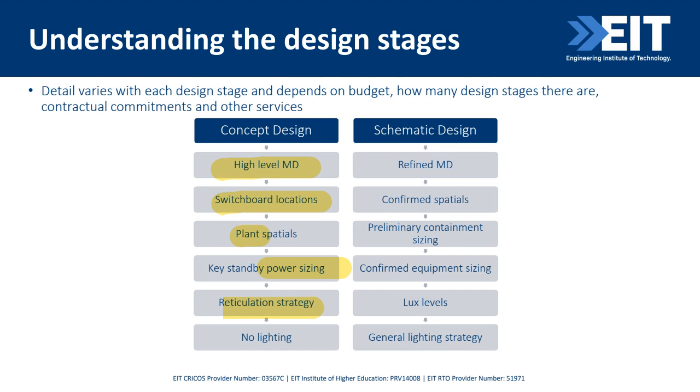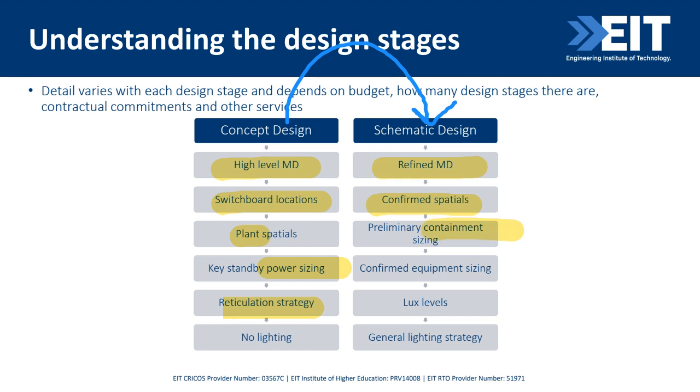As we move from concept to schematic, or you could say from a 30% to a 50%, we're still going through similar design processes but in more detail. So a more refined maximum demand. We've confirmed those sizes for rooms that we've asked for. We've preliminary sized some containment and some equipment.